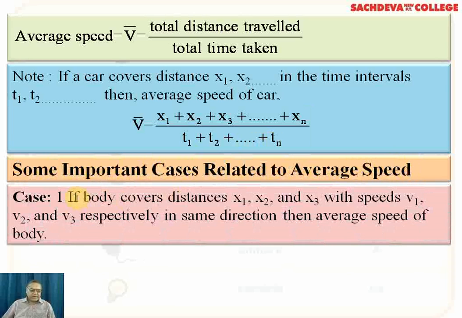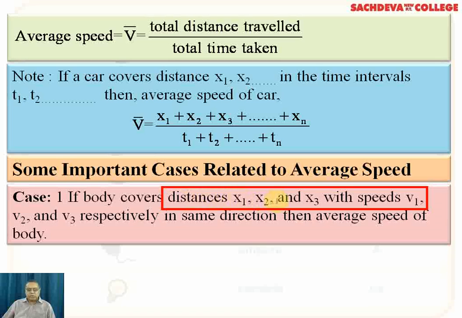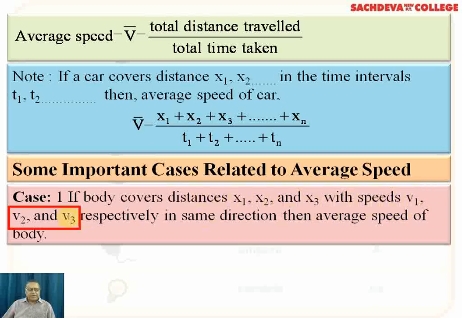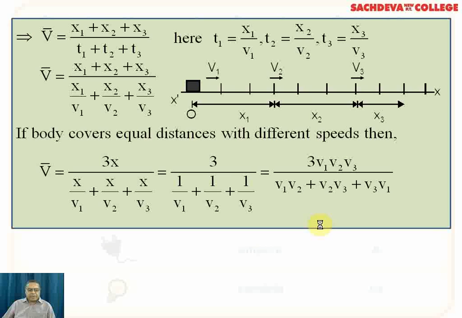Case 1 is if a body covers distances x1, x2 and x3 with speeds v1, v2 and v3 respectively in the same direction, then the average speed of the body will be given as, we will add algebraically x1, x2 and x3.